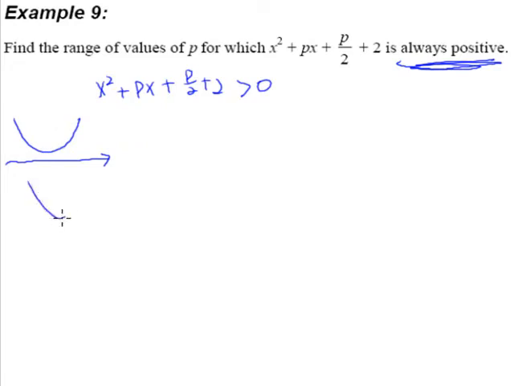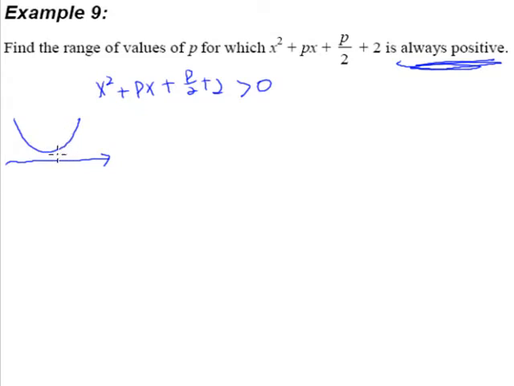It can't look like this, because if it were to cut the x-axis at 2 points, then there will be some parts of the curve that are not positive. But the curve has to be always positive. So it must be hovering above the x-axis like this. And when it is hovering above the x-axis like this, it means that there is no x-intercept at all.